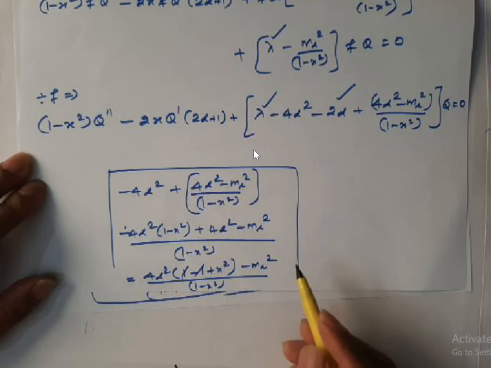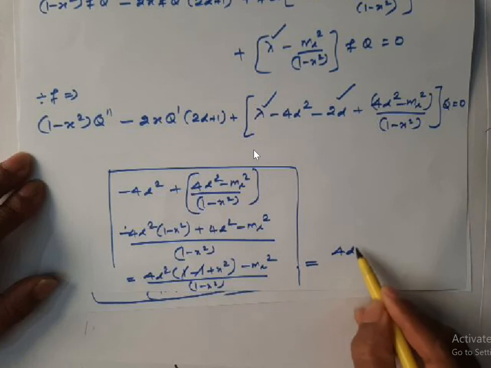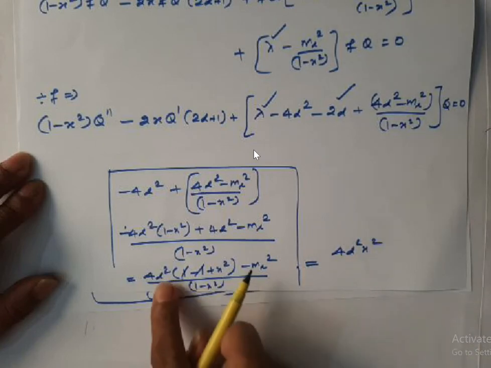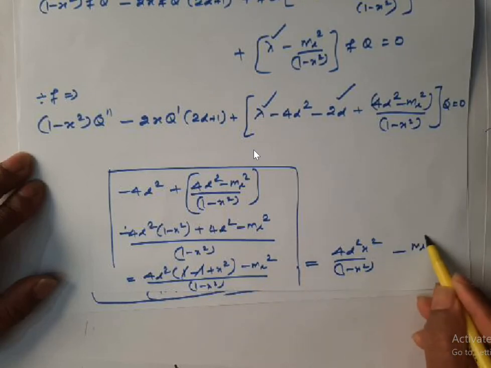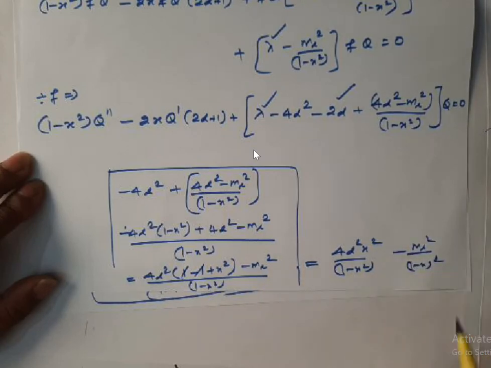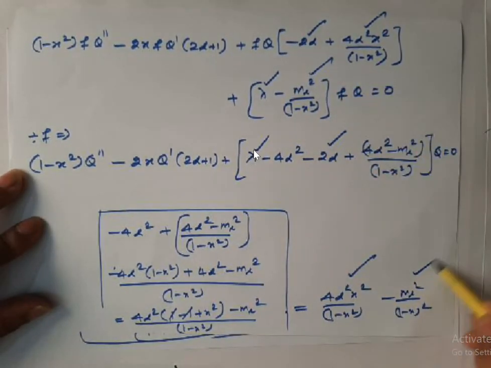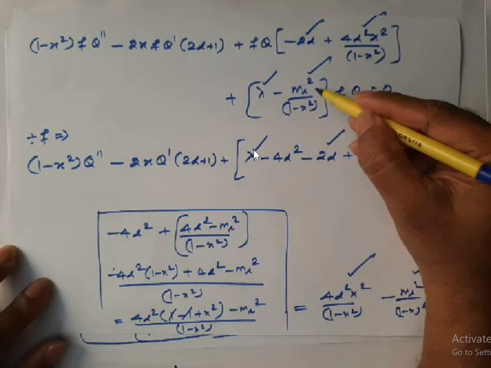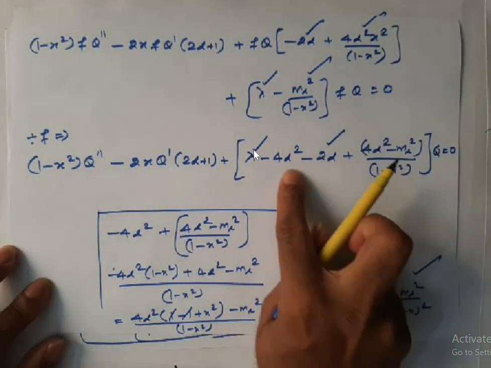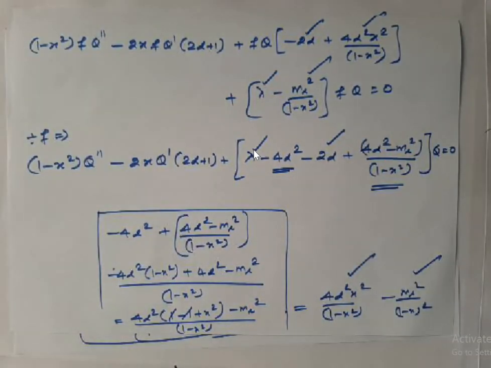So what I'll get is 4 alpha square x square by 1 minus x square, one term, and minus ml square by 1 minus x square, another term. So these two terms are replaced like this. I have introduced a minus 4 alpha square and this term, which will take care of those two terms. So nothing wrong in it.